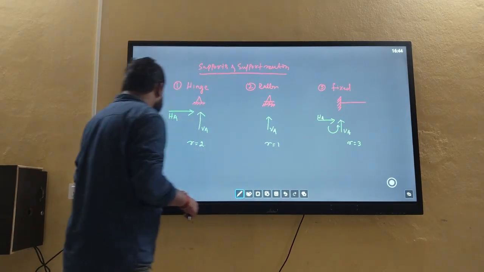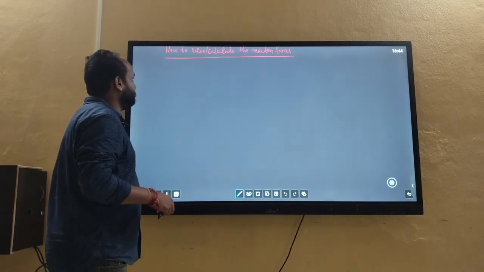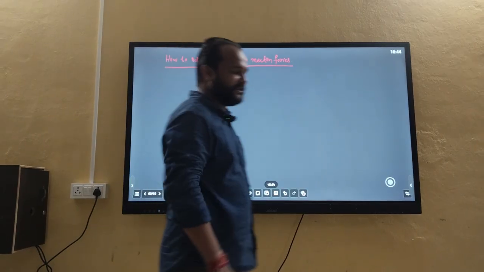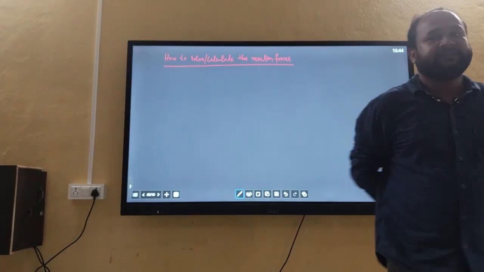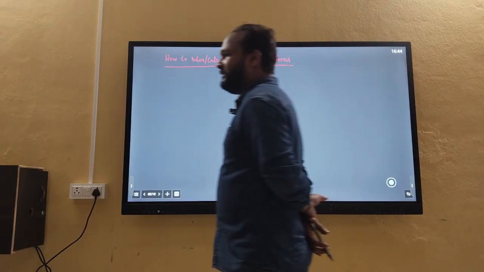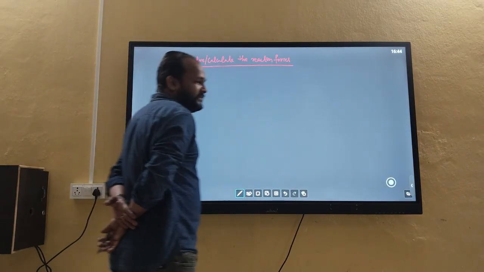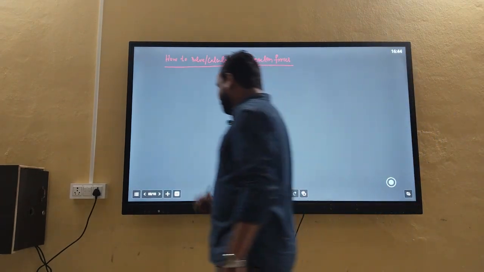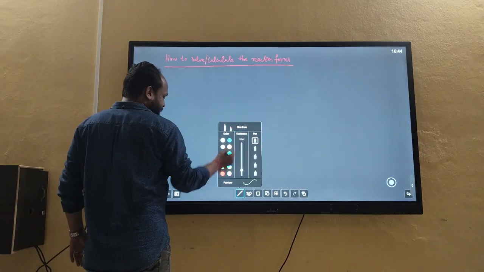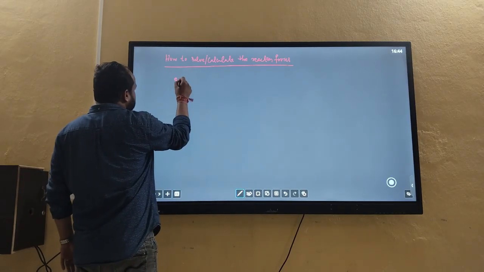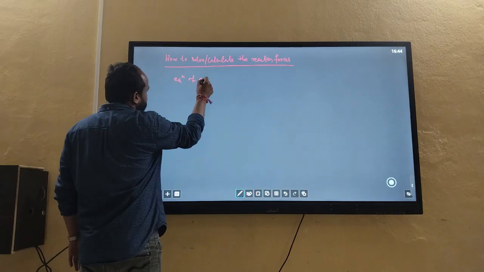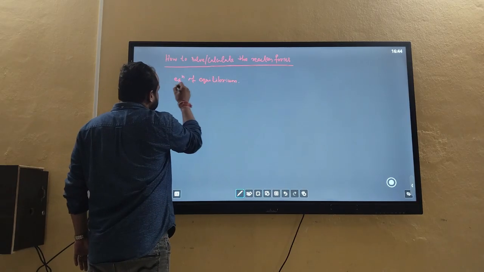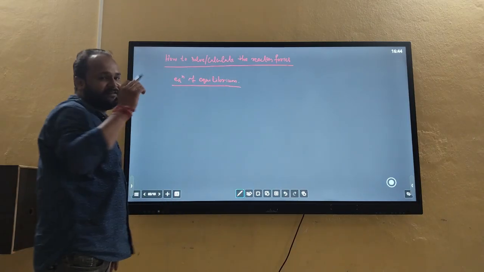Okay, let's go to the next topic, which is how to calculate the reaction forces. To calculate the reaction forces, we use the equations of equilibrium. In these equations, there are three conditions.